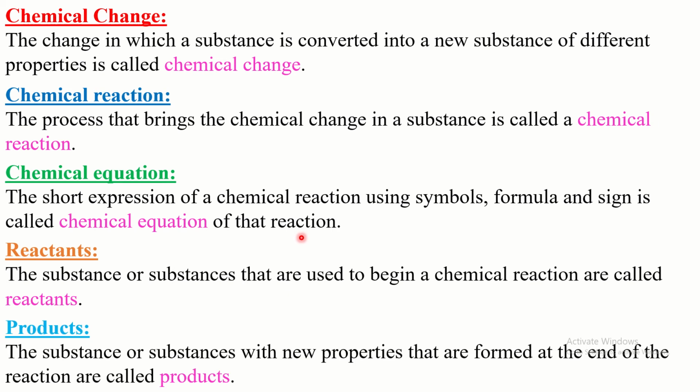Now, what are products? The substance or substances with new properties that are formed at the end of the reaction are called products, which are placed at the right side of the equal or arrow sign. That means reactants start the reaction and products are formed after the reaction.